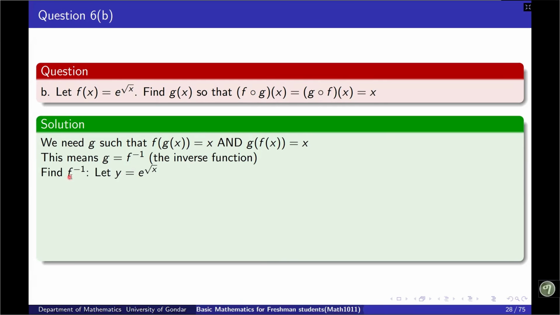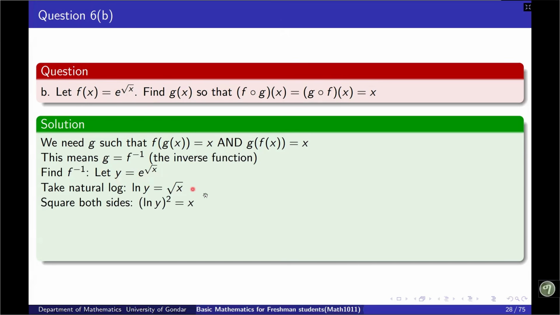So let's find f inverse. In order to find f inverse, let us start by letting y equal e to the power of the square root of x. The inverse could be found by taking the natural logarithm of both sides of this equation. We have ln y equals ln of e to the power of the square root of x, which is the square root of x.